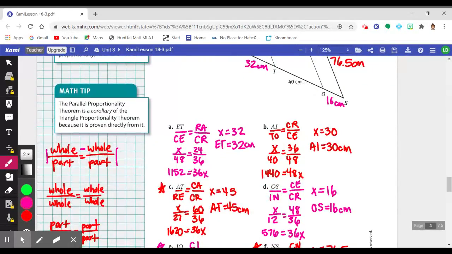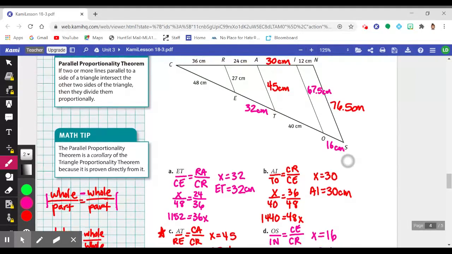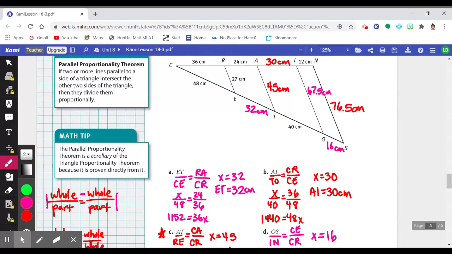Now, we look at OS, which now we're going back to a part, correct? OS is simply a portion or a part of this larger triangle, CNS. So I compared OS, this portion, to a similar part on the other side of the triangle, IN.